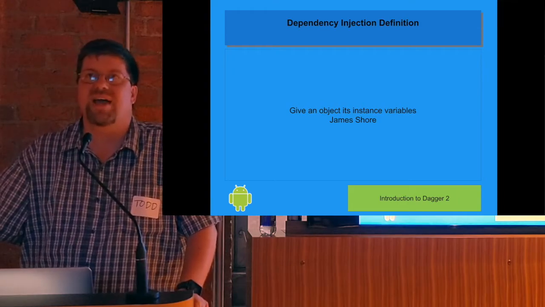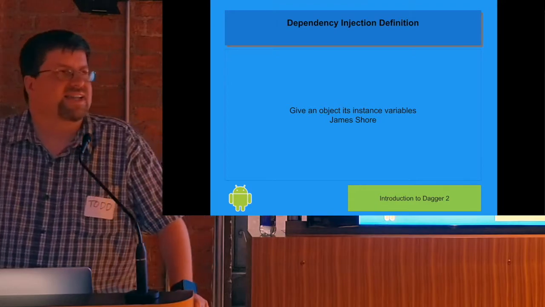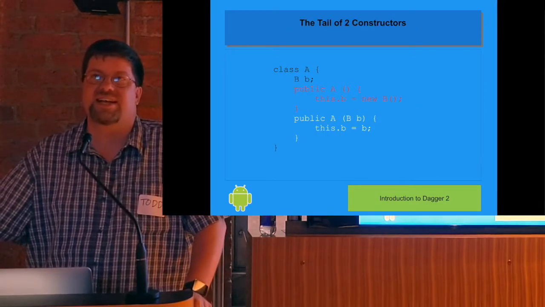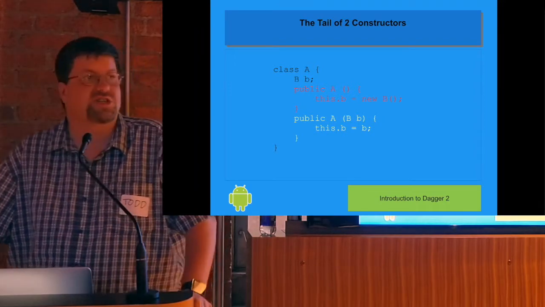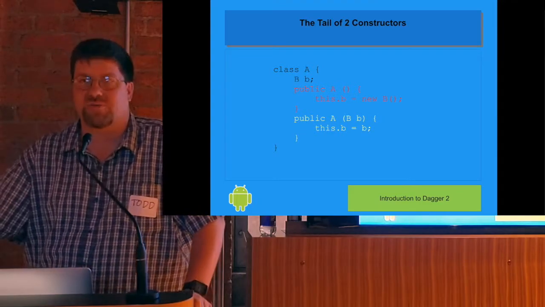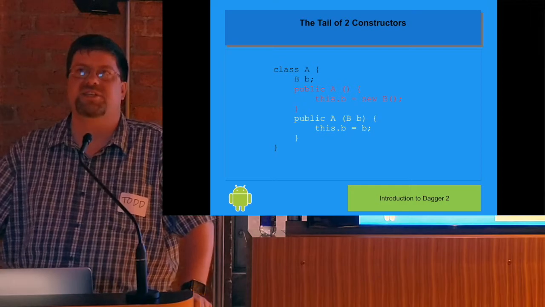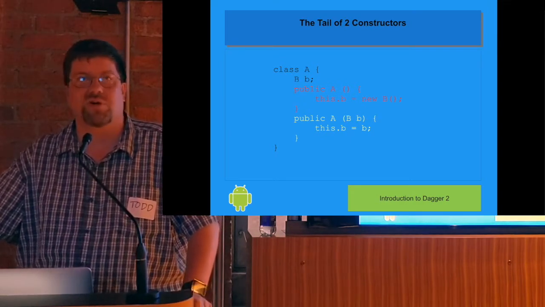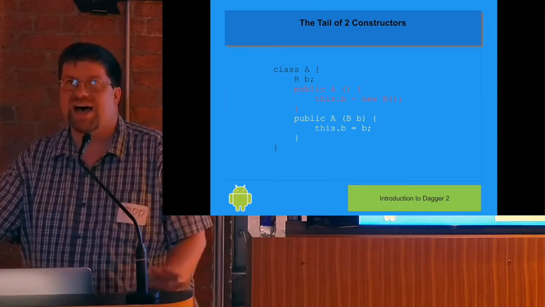In the first one, red, A constructs its dependency, creating a new instance of B. The second constructor takes an instance of B, and then sets the dependency to B. The one in yellow is dependency injection right there, because an object is not creating its instance, it's being handed to it. It's also referred to as the inversion of control, or as a friend of mine called it, the inversion of confusion.